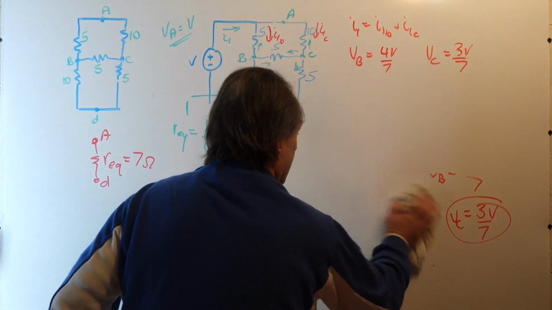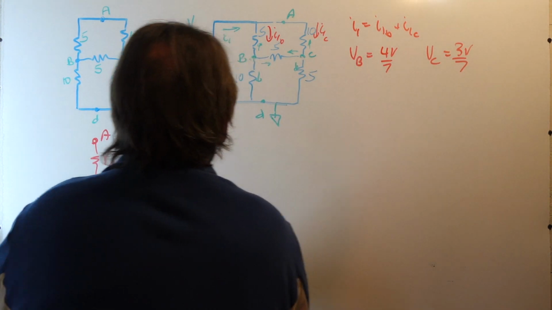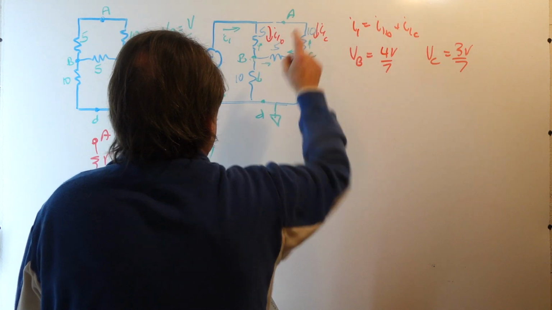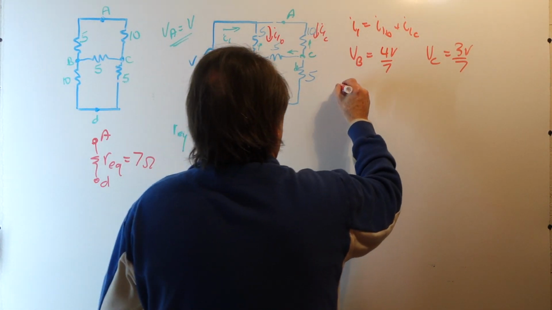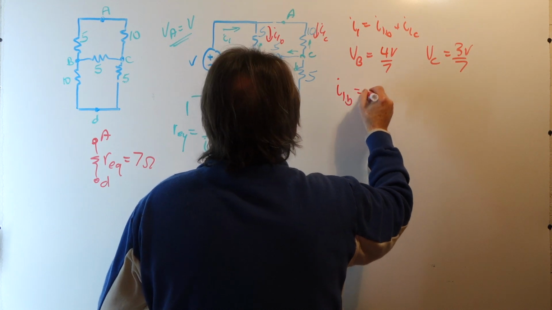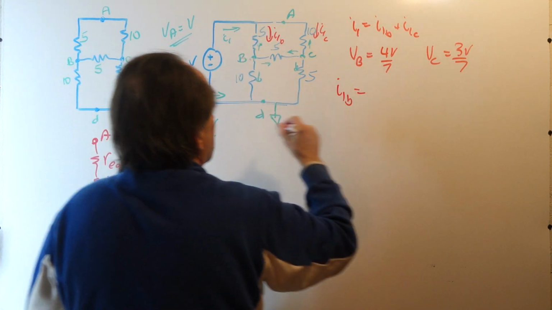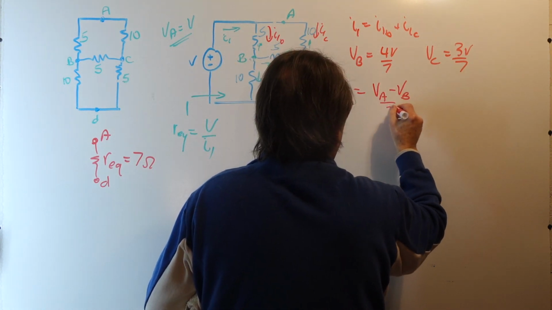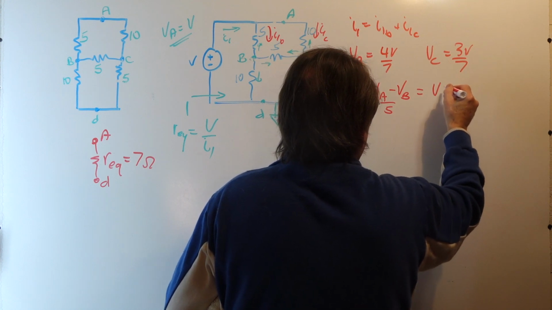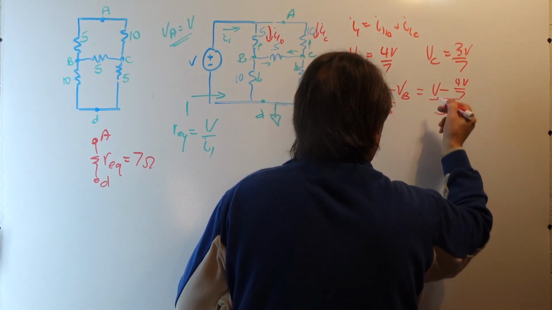So now, using the node voltages, we can determine the currents in the 5 and the 10 ohm resistor. So I1B will be the voltage across this resistor, which is VA minus VB, divided by 5. Well, VA is V, and VB is 4V over 7. We divide that by 5.